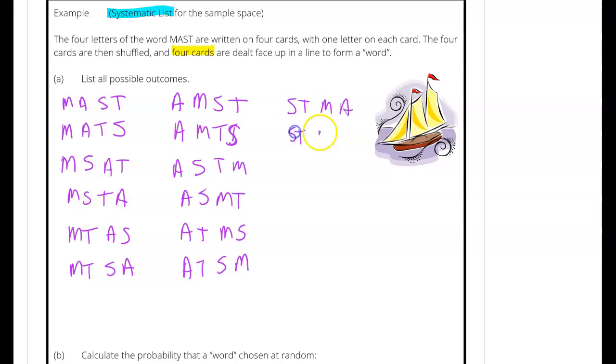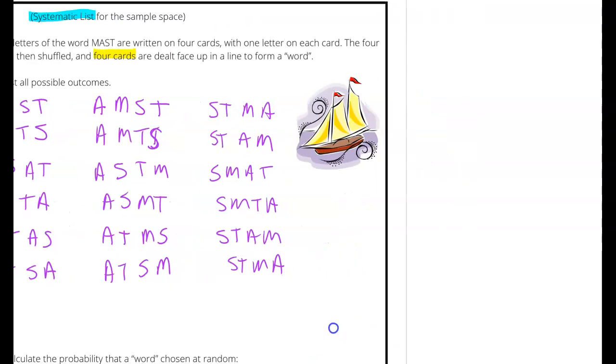S-T-M-A, S-T-A-M. You can see by being systematic we can get quite quick. S-M-A-T, S-M-T-A, S-T-A-M, S-T-M-A. There's your 6 starting with S. And then we've got 6 more starting with T. So I made a mistake here, so it shouldn't be S-T. I was doing them too quick.